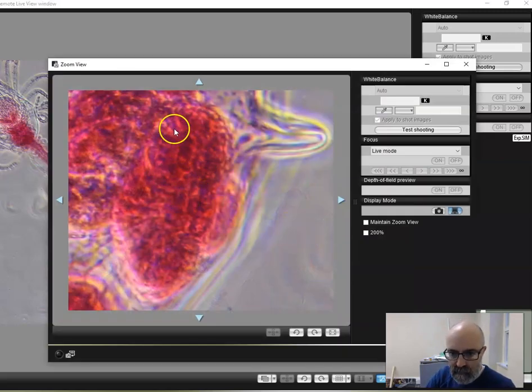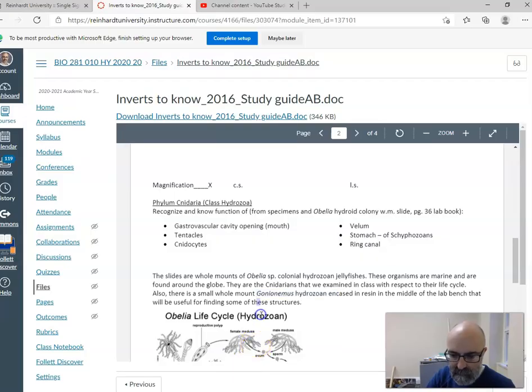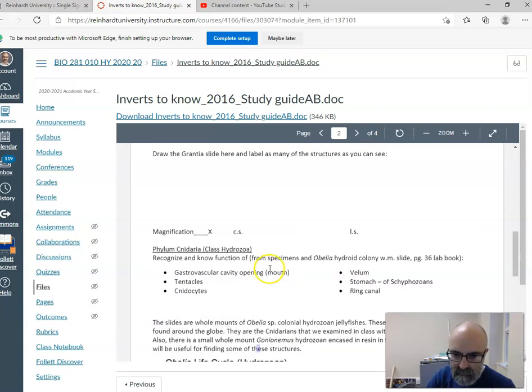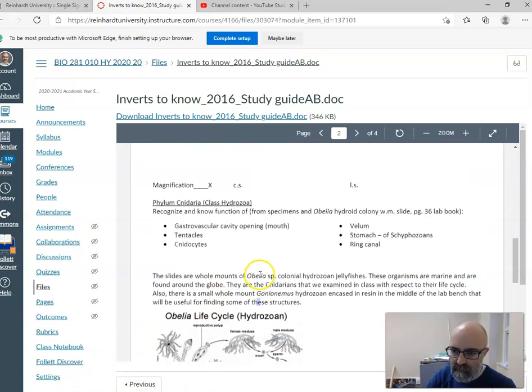There's the individual little medusa that can be sent off like these right here. So this is the reproductive one. There's a little baby reproductive medusa inside of them. Okay, so that's the phylum Cnidaria. Look again for this whole mount in the lab and take a look. Find where the stomach is, very similar to the gastrovascular cavity and the ring canal.